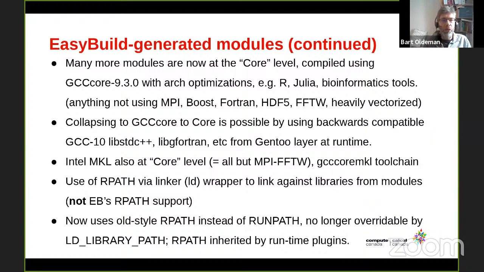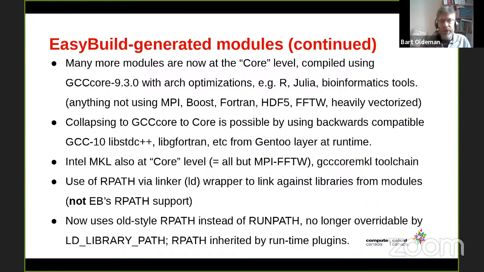That's kind of different from upstream, because upstream has a separate hierarchy for GCC Core with a version, and we can make that work by everything going through a central libstdc++ library and libgfortran library. By doing that, we basically take advantage of the fact that libstdc++ has versioned symbols, so it is backwards compatible, and this makes it possible to collapse different GCC Core versions into a single location.